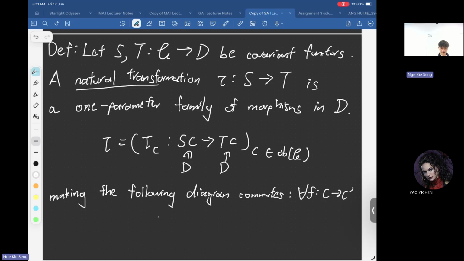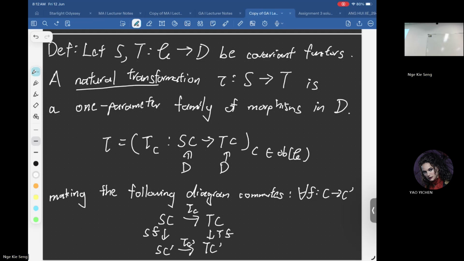Then this natural transformation will react naturally, meaning the following diagram commutes. So I can do tau C, I also can do tau C prime, but then there's also a map in between SC and TC. We want all these maps to commute with each other, because being a functor, you can send this morphism in C to a morphism in D. So if I put all these together, I want it to commute.